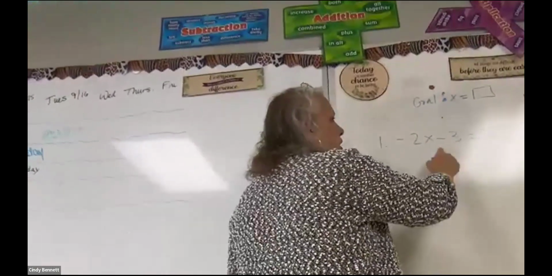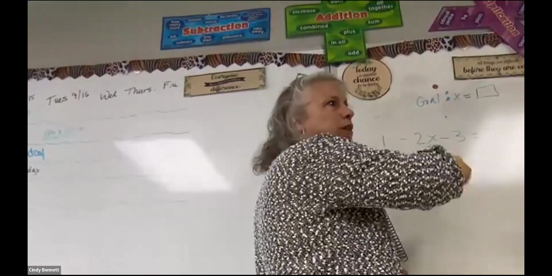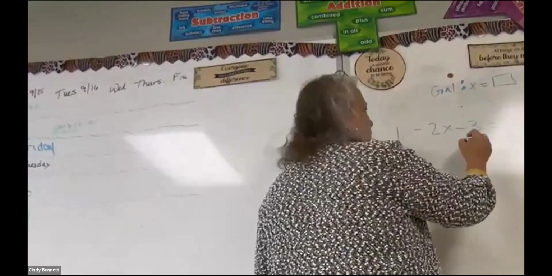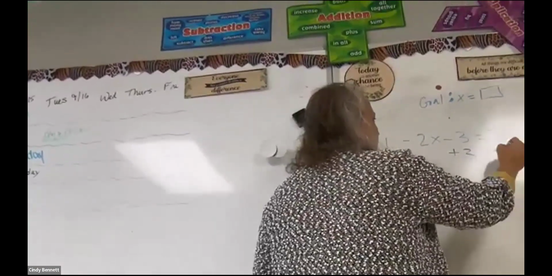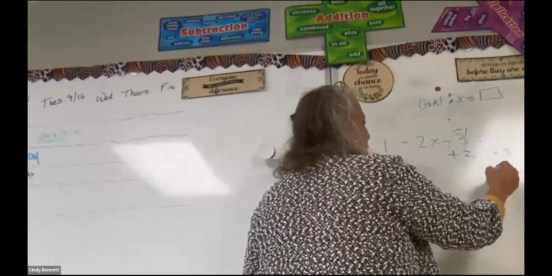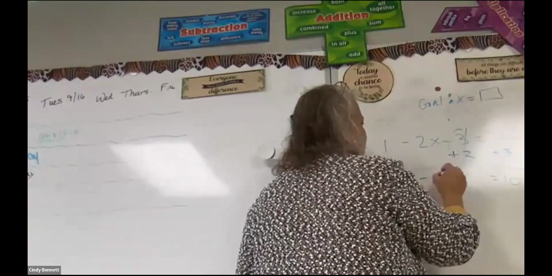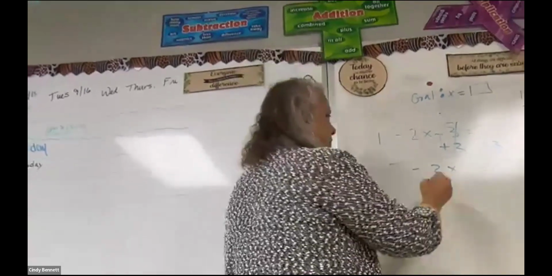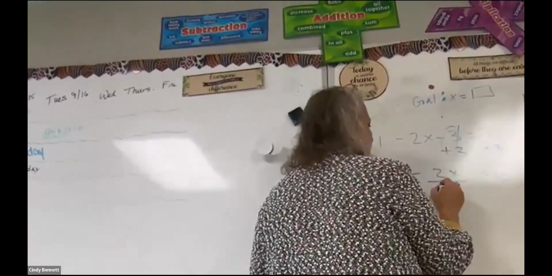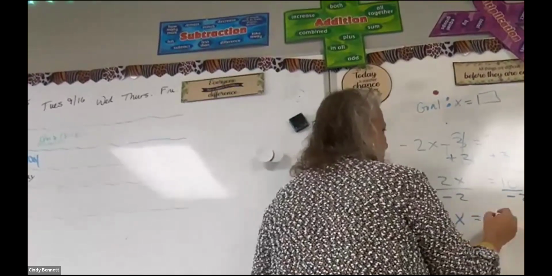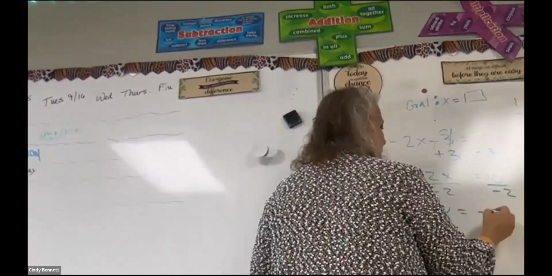Your ultimate goal is to get x equals something, or y equals something, or whatever your letter is. Okay, so right here, I'm not gonna subtract, I'm going to add. Add what? Add 3 to both sides. All right, so this turns to 0. Next step, divide by -2, and then x equals what? -5.